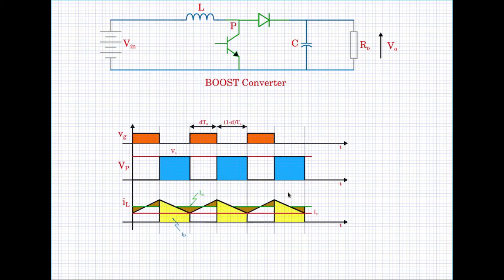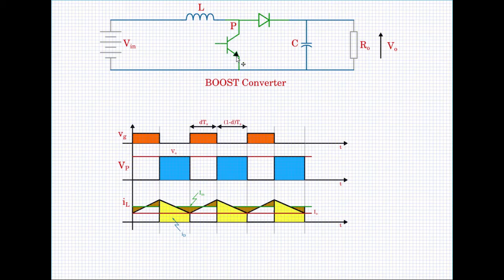And about the rating, if you take the current rating for the BJT, you will see that the average of the inductor current will be IN, and IN and I naught are related. If you use the amp second balance, you will see that IN into D is I naught, or IN will be I naught by D, and therefore you will know the average value for the BJT here.